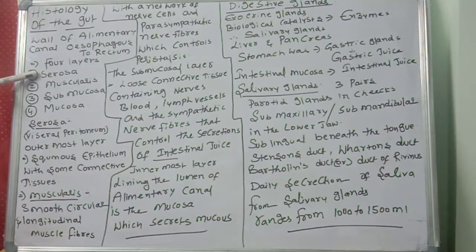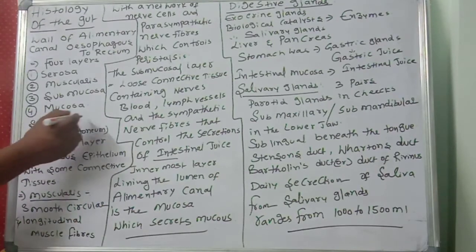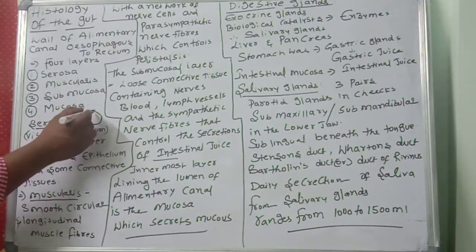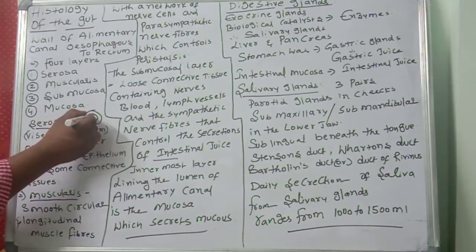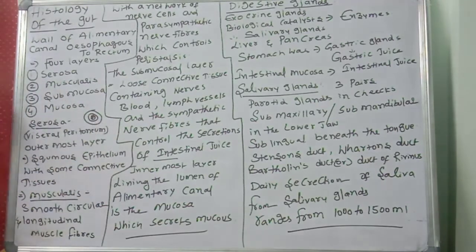Number one is serosa, number two muscularis, number three submucosa, and mucosa. From esophagus to rectum, these four layers are there.